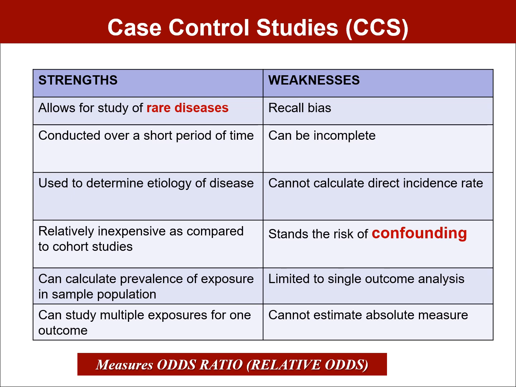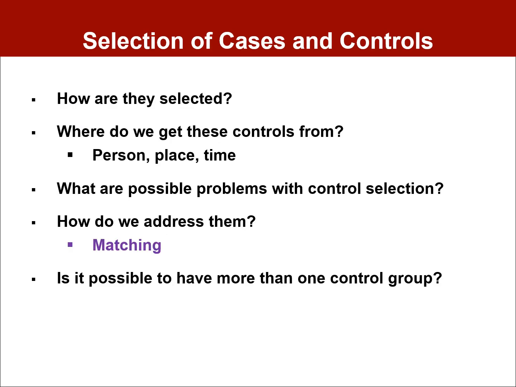Okay. So we've given you an overview of what case control studies are, why case control studies are useful, and what the strengths and weaknesses are. So now I'm going to start dissecting the study design into different forms.